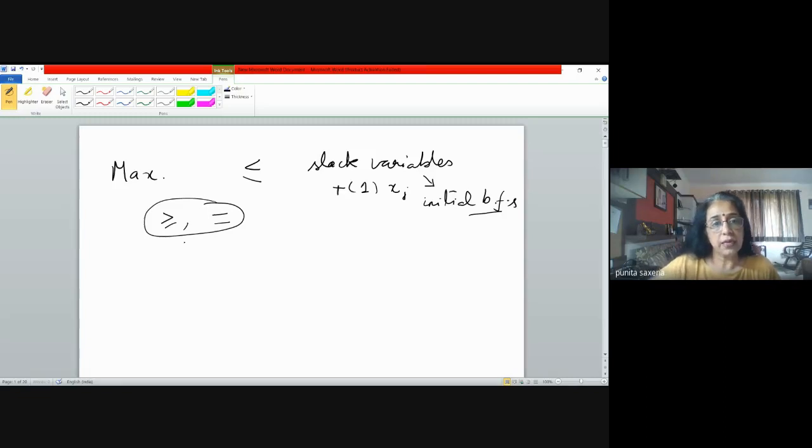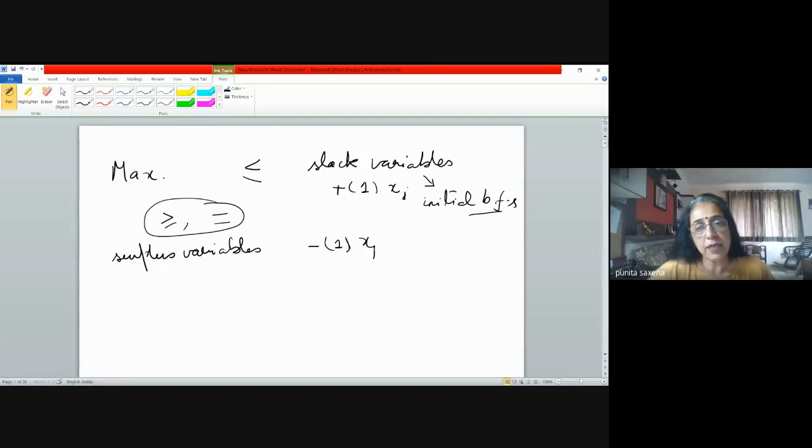In more than or equal to type constraints, as we have discussed, we need to subtract the surplus variables. That means I'll have a minus sign, though the coefficient can be 1. So I can have another variable here, but the coefficient is going to be -1.